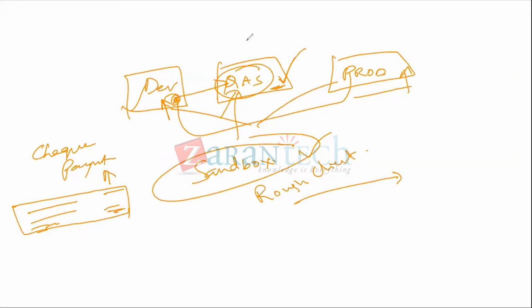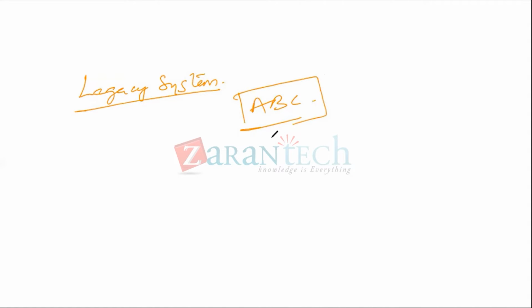Legacy system, what is referring to the term called legacy system? Because we will be using all these terms, that's the reason I'm just introducing it. Let's say the company is ABC and it is using Oracle as a software solution.